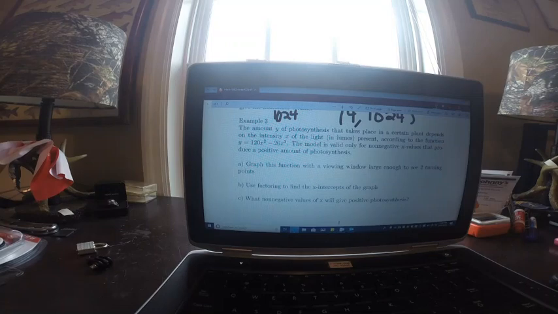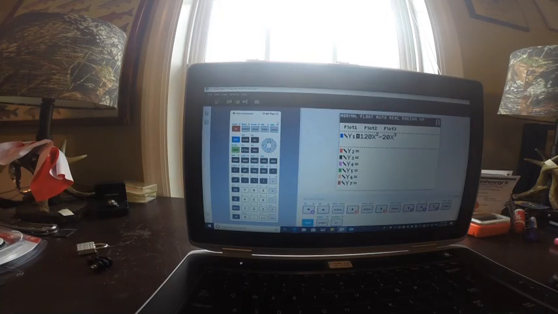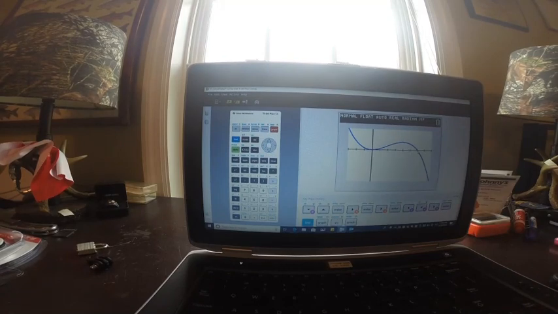C says, what non-negative values of x will give positive photosynthesis? Okay. Alright, if I'm looking at the graph, obviously it makes sense from 0 to 6. Because here we have positive photosynthesis. Here photosynthesis is negative. Here photosynthesis is positive, but we can't have a negative x value. So from 0 to 6.